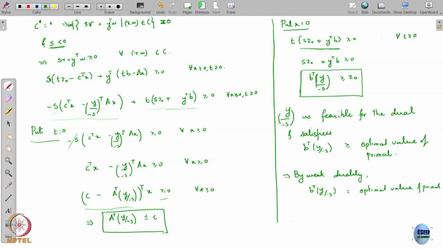And in fact, this automatically shows that y by minus s must be the optimal solution of the dual also. So, in fact, the optimal value of the dual is equal to the optimal value of the primal. So, it has shown that the optimal value is attained by y by minus s. That is the point that attains it.